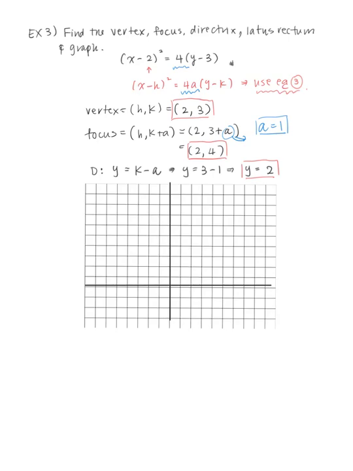The vertex is at 2 comma 3, and the focus is at 2 comma 4. So of course, the parabola has to open upward, and the directrix is y equals 2.